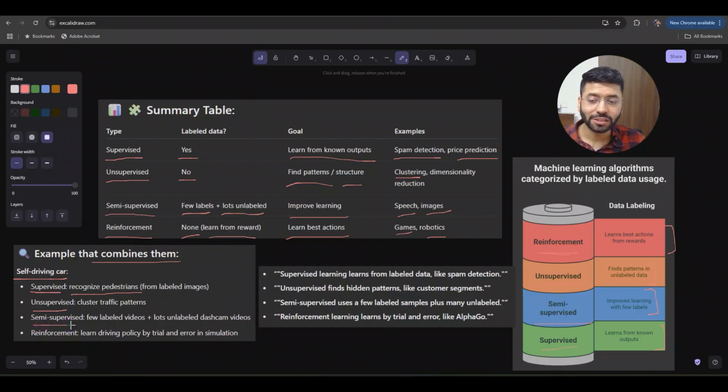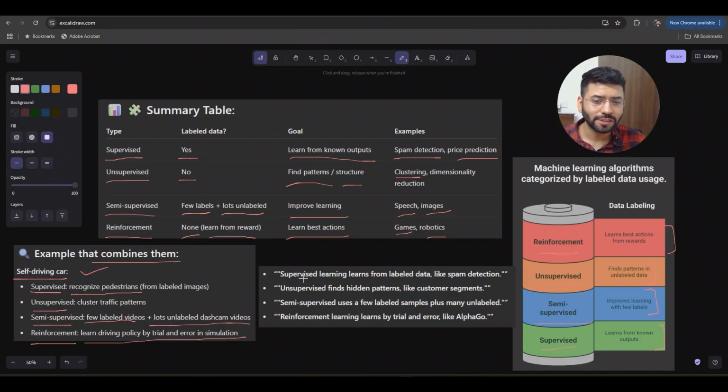In the semi-supervised, you would have a few labeled videos, but there would be a lot of unlabeled dash cam videos. So you pick the learning from the labeled ones and try to refine that by applying it on the unlabeled ones. And then talking about the reinforcement, you basically learn a driving policy by trial and error in the simulation mode. So you can see in the self-driving car, we are using all four types of machine learning.